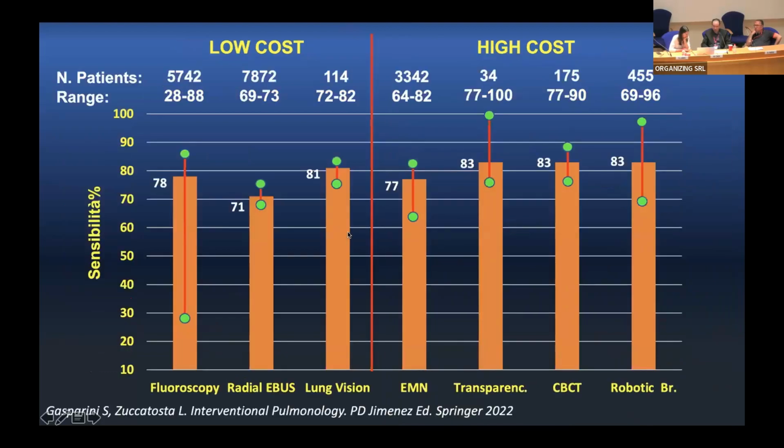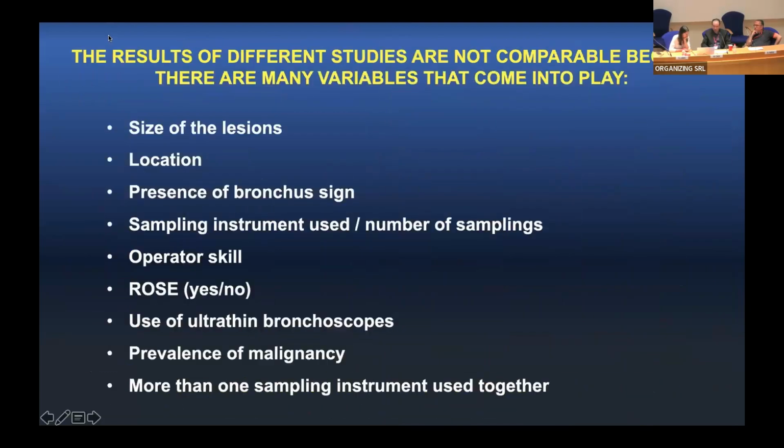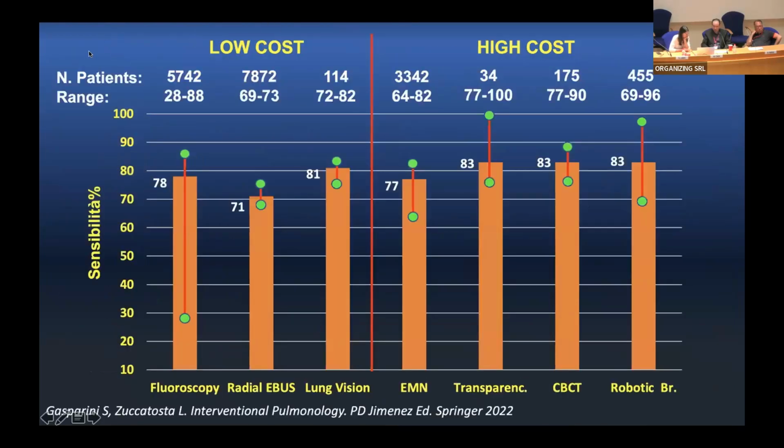And what about the sensitivity of these procedures? As you can see here, the sensitivity increases in the high cost procedures. You can see that with robotic bronchoscopy, we can arrive at more than 90% sensitivity.